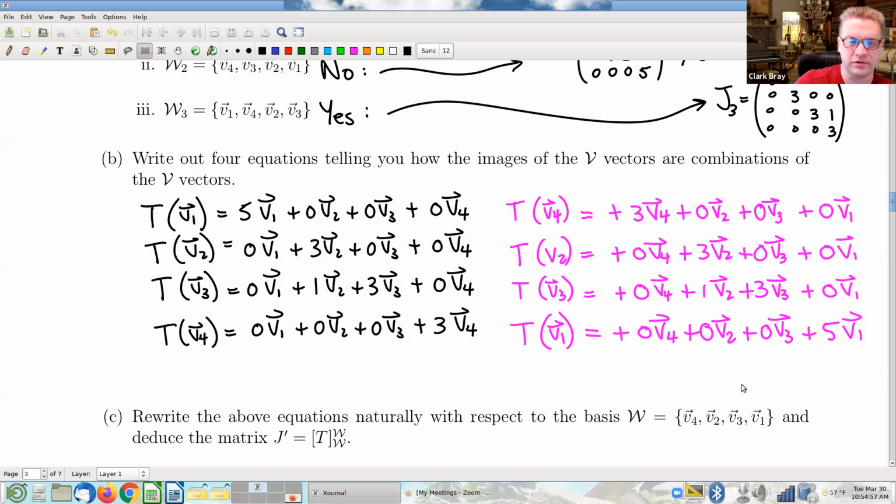And now, as required, I have all of these images written with terms in that order. V4, V2, V3, V1, right? V4, V2, V3, V1.